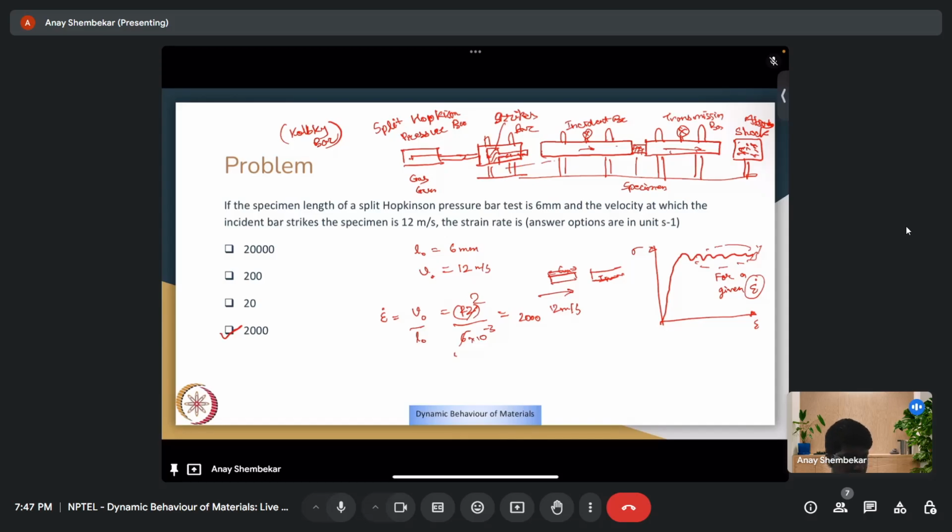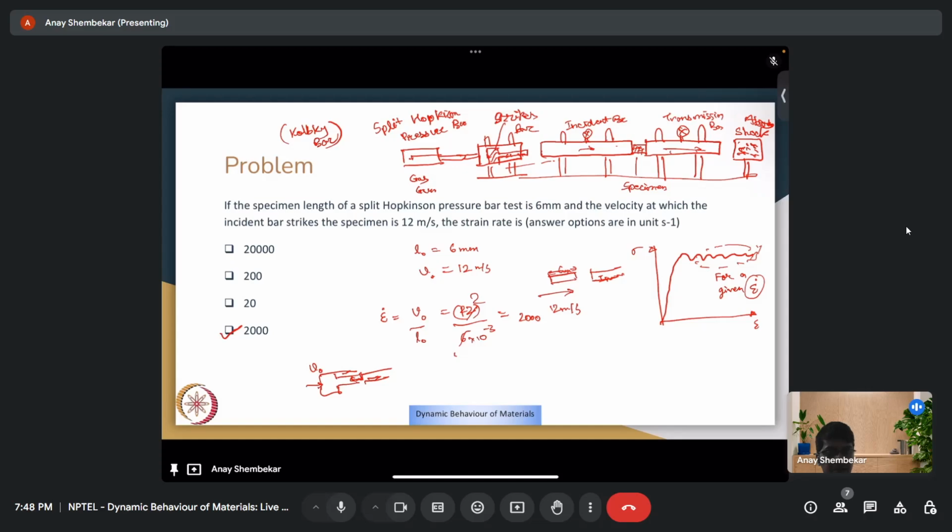There's one more thing, we'll study this again later on: when the striker bar hits the incident bar, a pulse would be going into the incident bar, and another pulse would simultaneously propagate in the striker bar. So at contact, one stress pulse would go this way, another stress pulse would go this way, whereas this would be moving at say V naught, and then after these two meet, you essentially get a release wave.